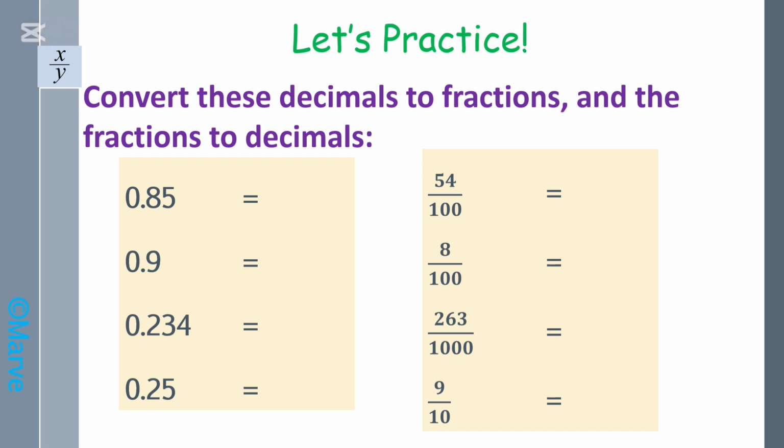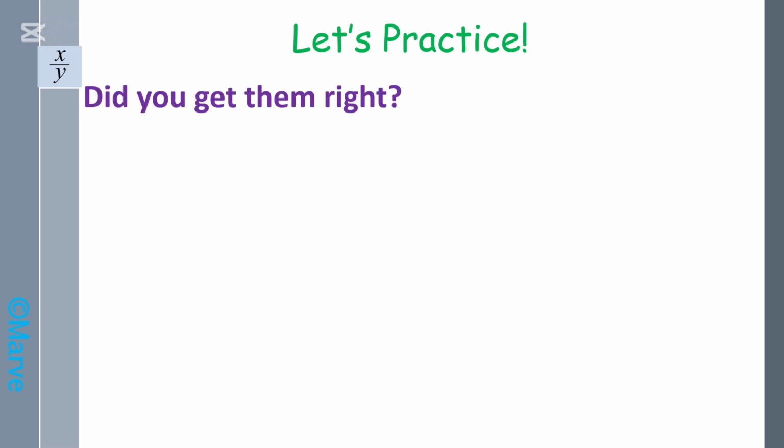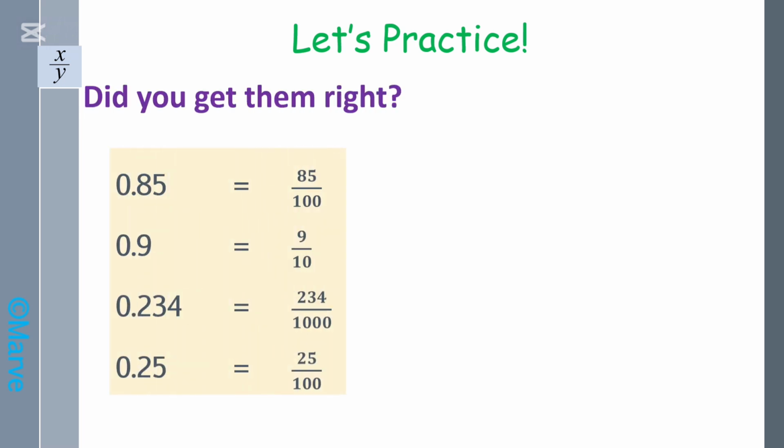Let's continue. Okay, welcome back. So did you get them right? So we have 0.85, as from the decimal point, 8 is your tenth and 5 is your hundredth. So this is 85/100.